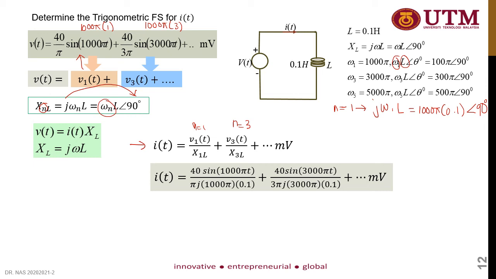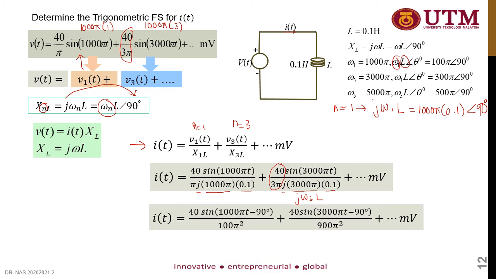So in this case, 40 over pi, and your XL1 is j omega 1 L. Plus the third harmonic, which is 40 divided by 3 pi, and then divided by XL3, so j omega 3 L. Okay, then simplify the equation to get the final answer.